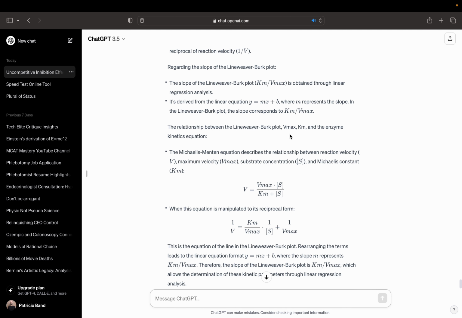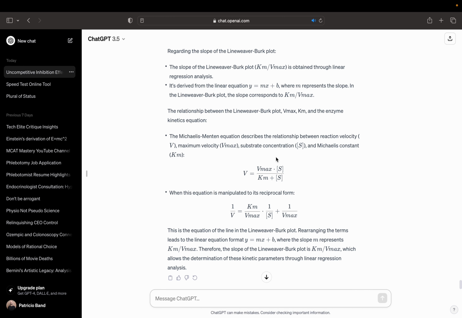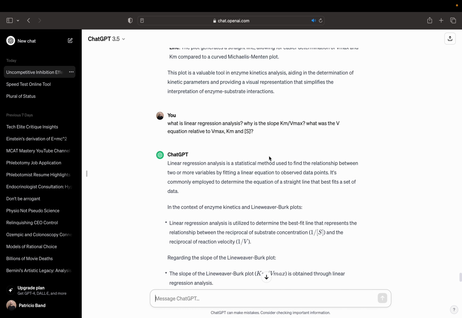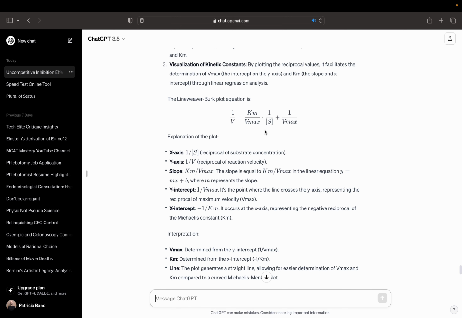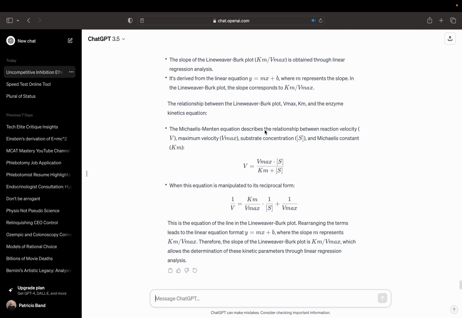The Michaelis-Menten equation describes the relationship between these. So we had V equals Vmax times S over Km plus S. When you manipulate it, how do you manipulate it?